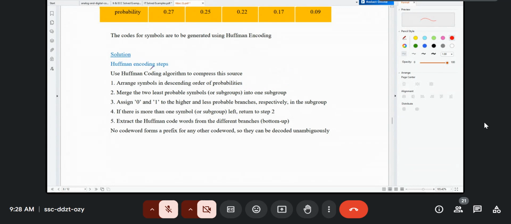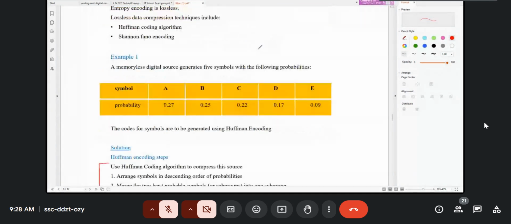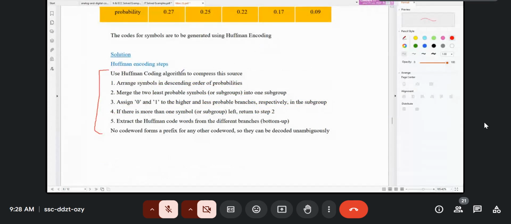The solution, and again, it's good to know these steps, because sometimes you find, especially in an exam situation, you are told to create a Huffman tree.